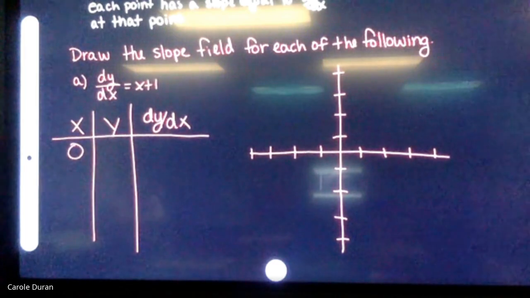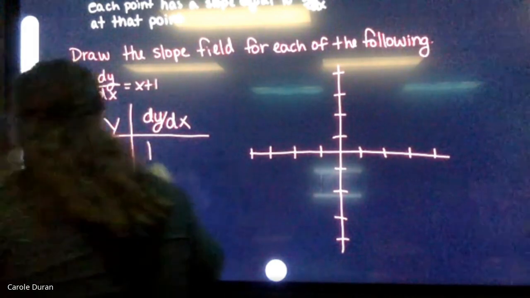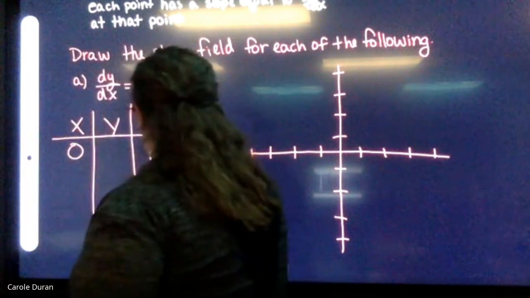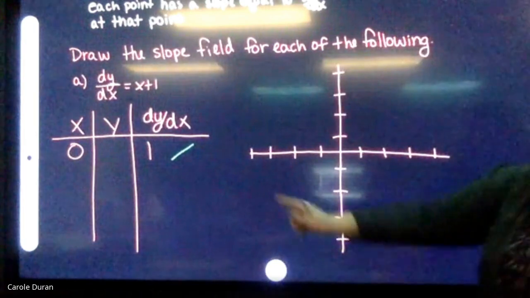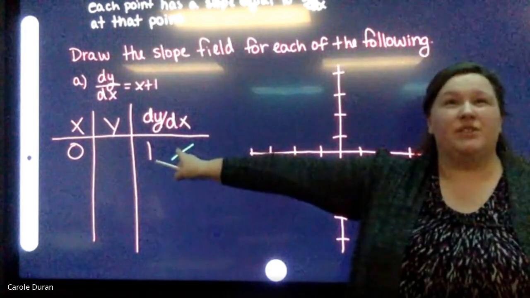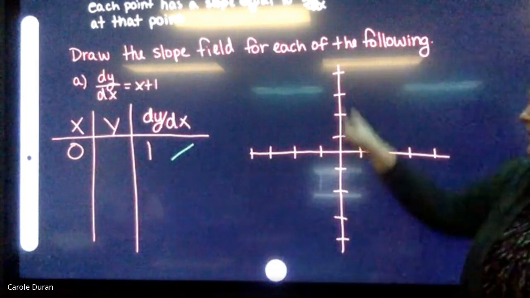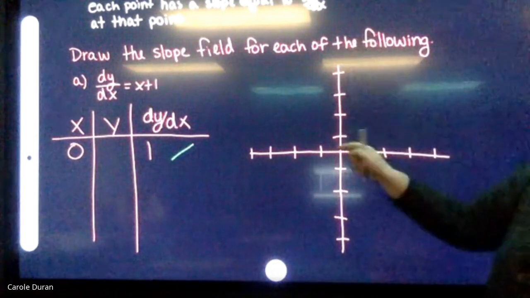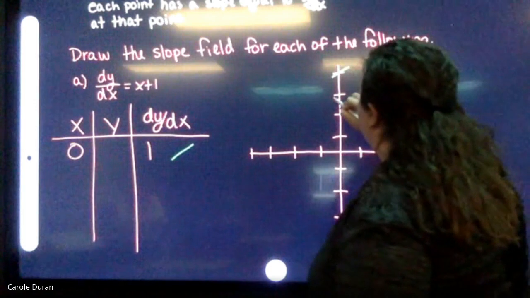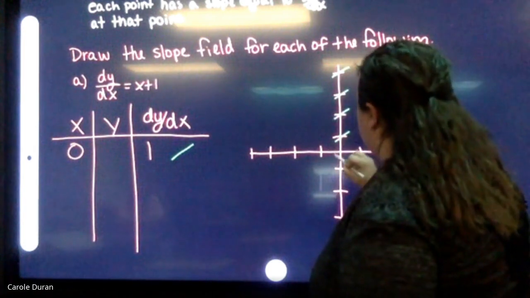What happens when I plug 0 in? I get 1, which means the line I'm going to draw has a slope of 1. That is the line I'm going to draw at each point that has an x value equal to 0, so it's going to be the whole y-axis, and I'm going to draw that line at each of these points.